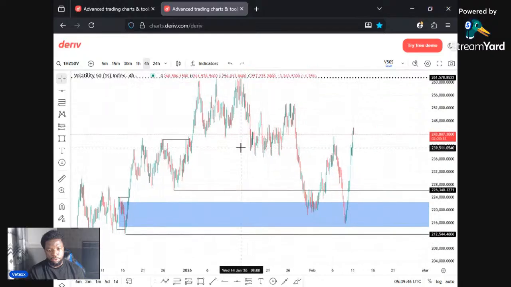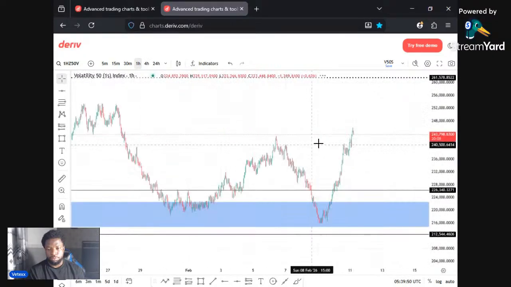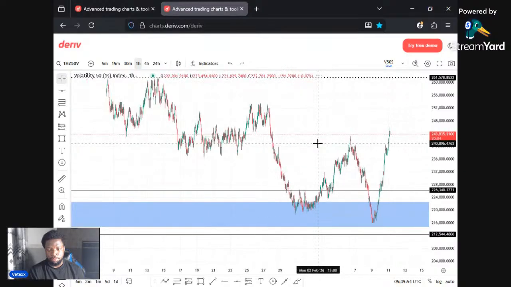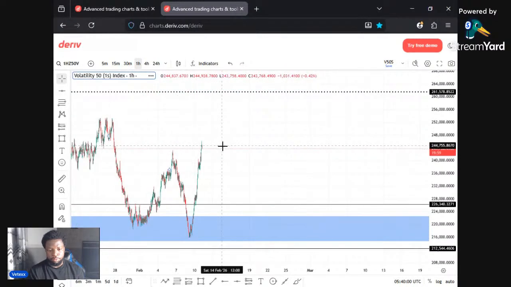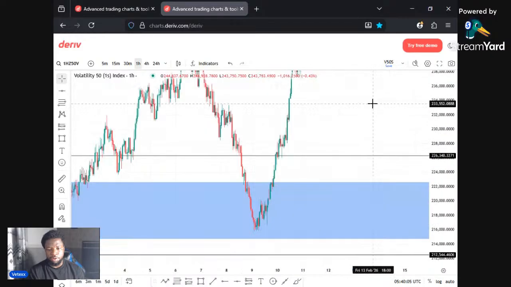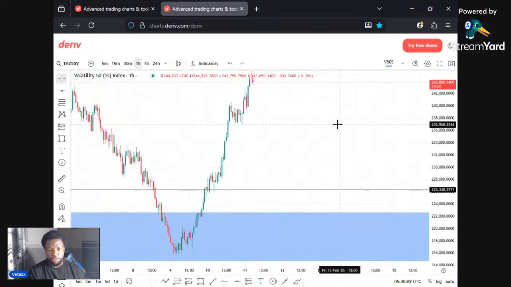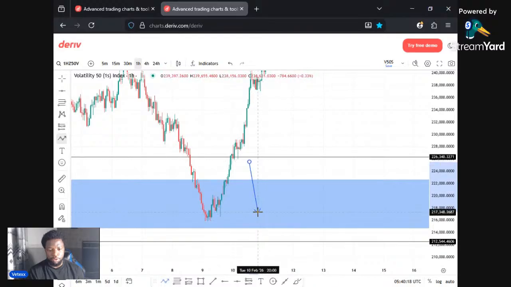Now, if you go to the 1-hour time frame to look for continuation, what are we seeing? On the 1-hour time frame, we have this continuation, but price didn't come back. As price tanked down to this zone this way, what did it give us?